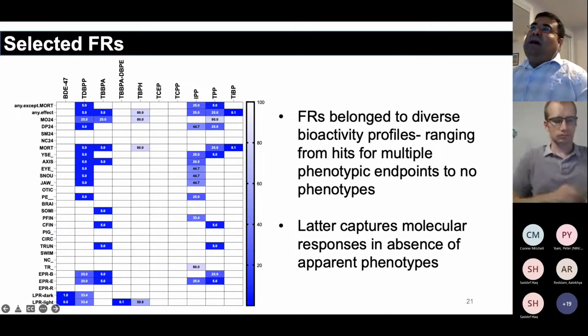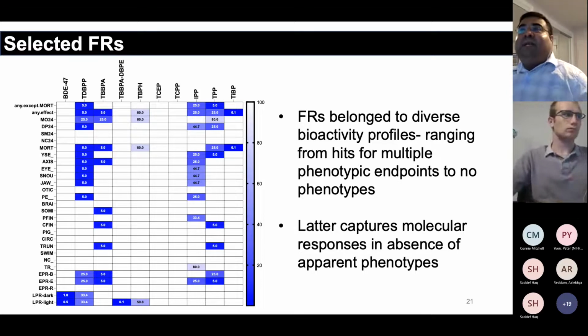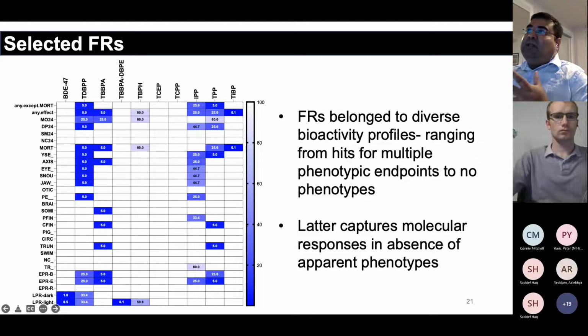This is the screening data from the selected flame retardants based on the previous study. What you see here is that not only did we choose the flame retardants based on diverse physicochemical classes, but they were also chosen based on diverse bioactivity profiles. Some of these flame retardants were hits for both morphological and behavioral phenotypes, or LPR phenotypes.